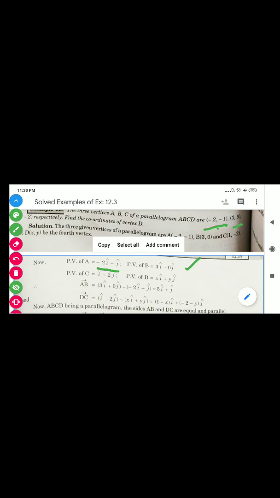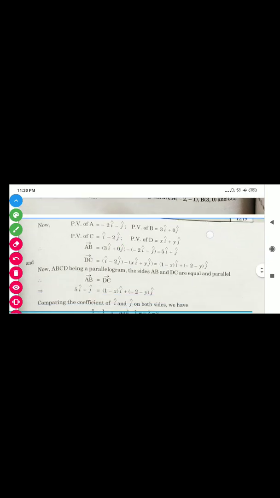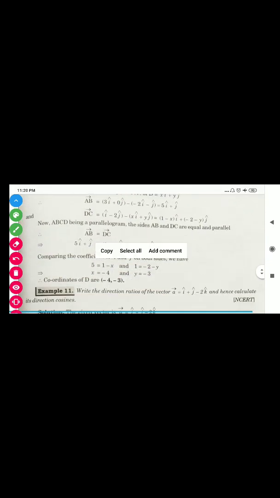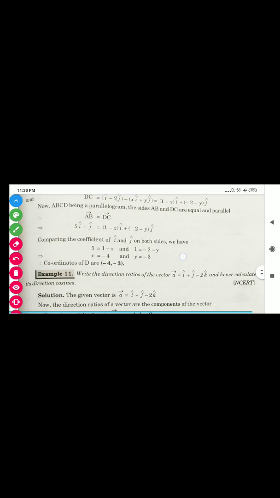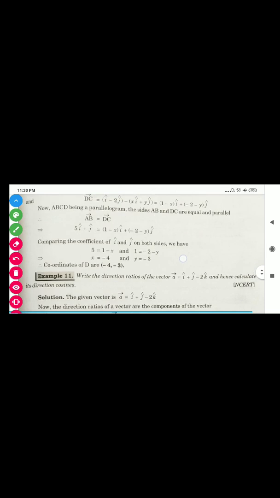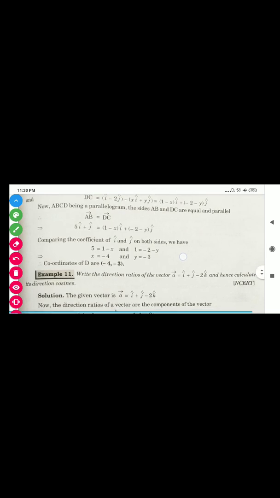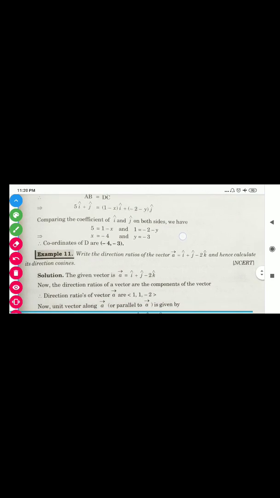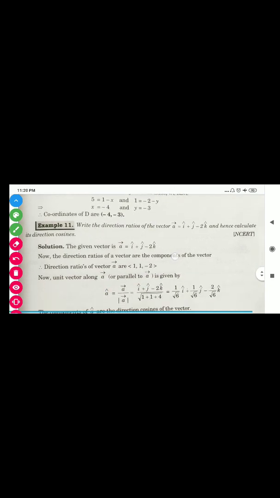In the same way we write C and D as well. So find the AB and DC vectors because these two sides are opposite to each other and equal in length. By equating these two, on comparing the components, we get x minus 4 and y minus 3. So in this way we get the coordinates of D as (-4, -3).